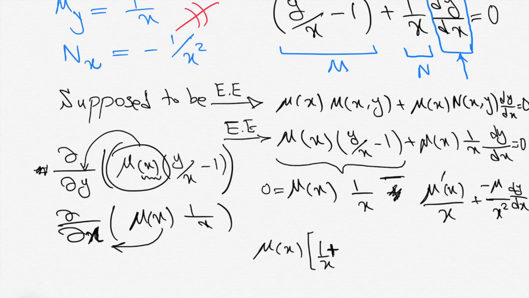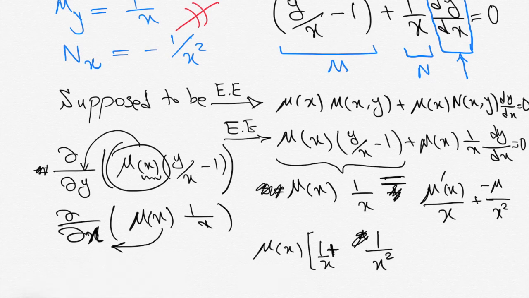Sorry, I made a mistake here. We took the derivative of it here, and we should say that this should be equal, right? And so there is no 0 here. So we say that 1 over x plus, because this minus is coming to this side, therefore it's going to be 1 over x. Also I should say that this dy over dx doesn't exist.